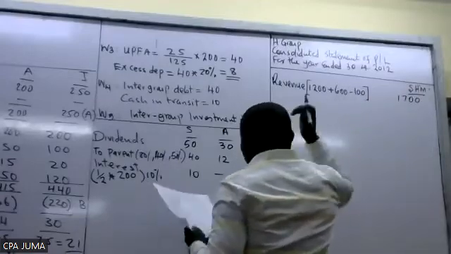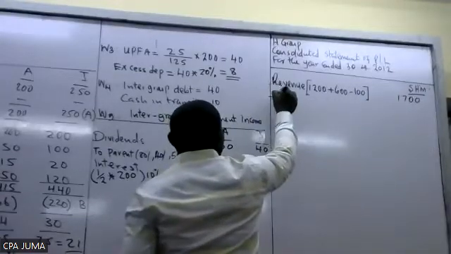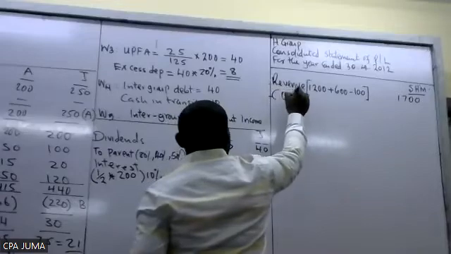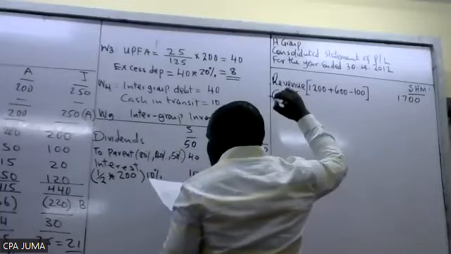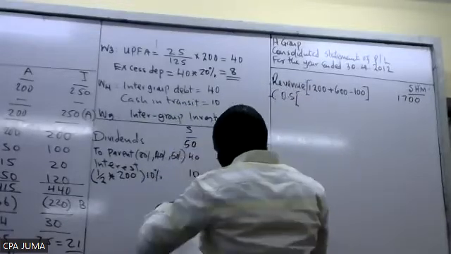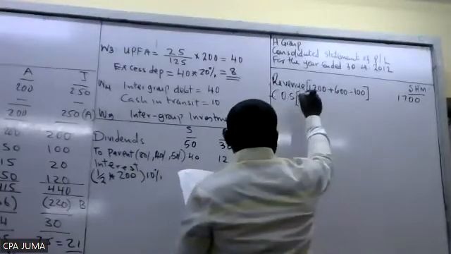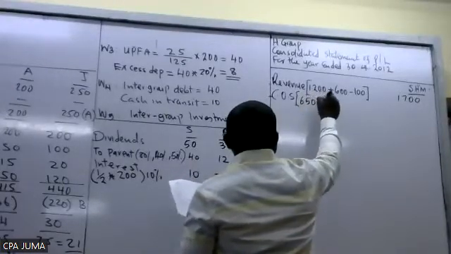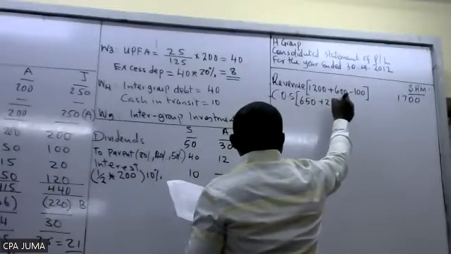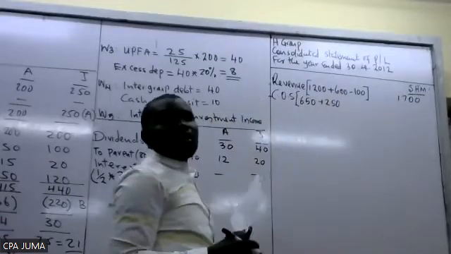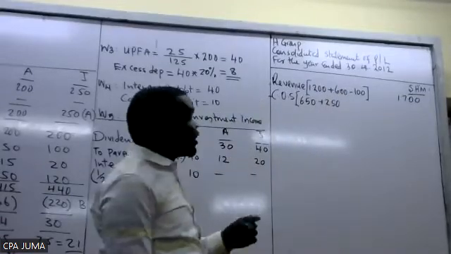Then we go to cost of sales. Cost of sales, you add 650 plus 250. I explained to you last time, so I will not explain.